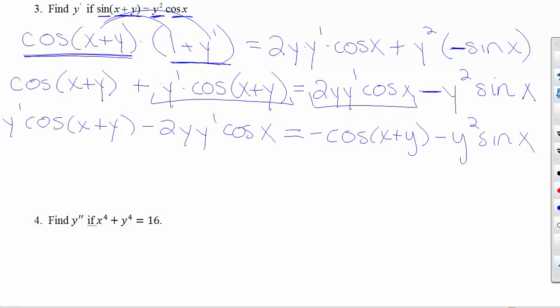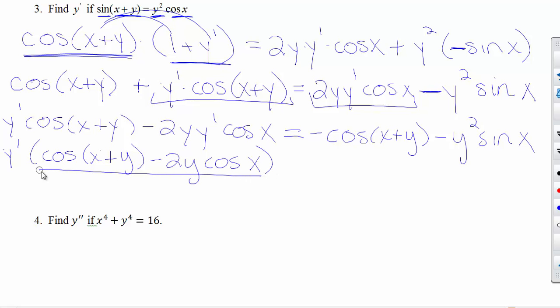And now I just need to factor the y prime out and divide by what's left. So when I factor the y prime out, I get that on the left side. Then I divide both sides by this, and that would be my answer.